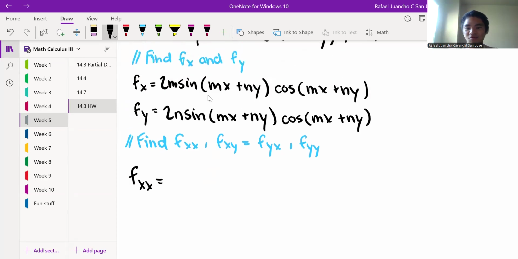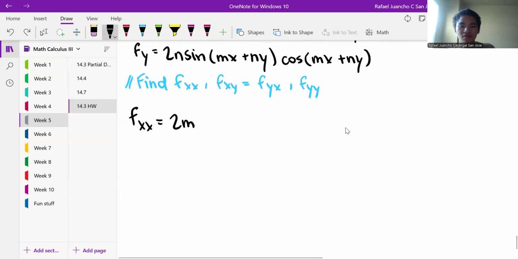Okay, so let's see. We have like 4 things here. I'll leave my 2m because that's nothing. I'll take the derivative of this thing. My process should be the same, so I shouldn't have to worry.